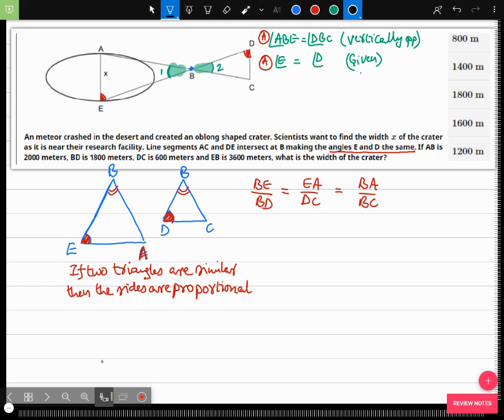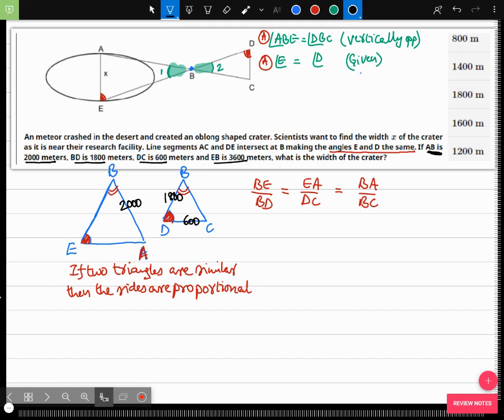I see that AB is given as 2000 meters. BD is 1800 meters. DC is 600 meters.